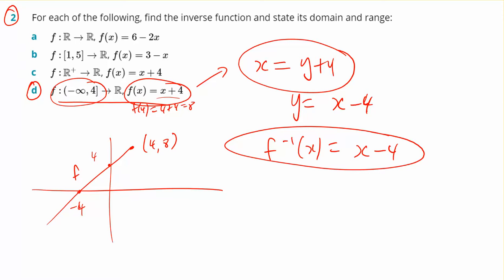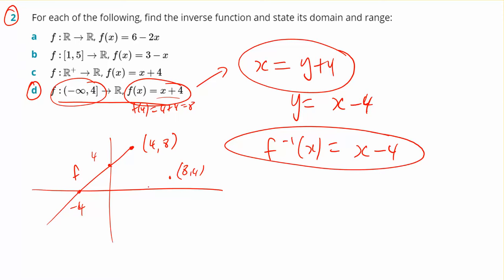Now the inverse will have the coordinates (8, 4), so (8, 4) would be somewhere over here. So what is the y-intercept?